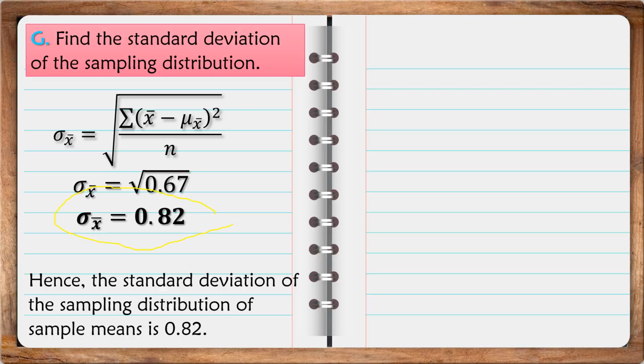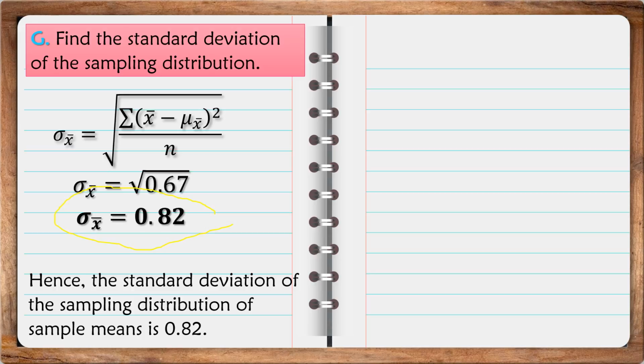Of course, with replacement, the mean of the sampling distribution of the mean is equal to the mean of the population. The variance of the sampling distribution of means is equal to the population variance divided by the size of the samples. Then the standard deviation of the sampling distribution of the mean is equal to the population standard deviation divided by the square root of the sample size.